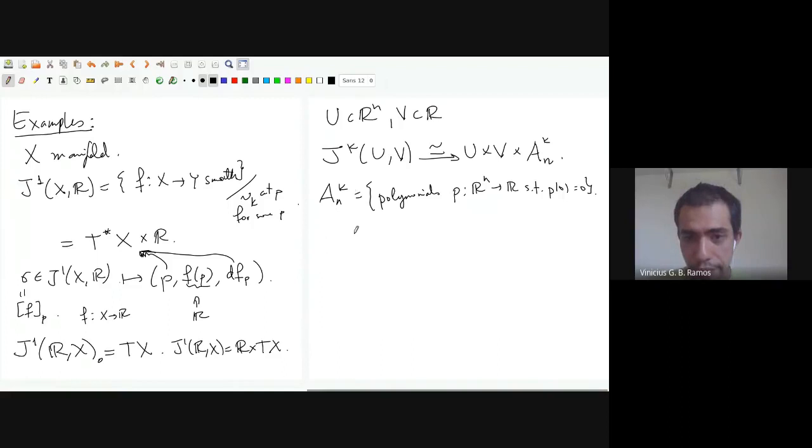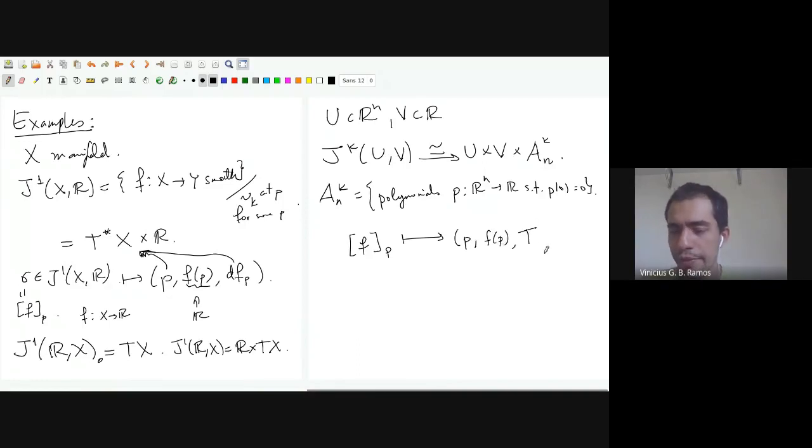What is this bijection? Well, given a jet, so a jet is like a function and a point, basically. Then what I do is I look at the point as the first coordinate, the image of the point as the second coordinate, and then I look at the Taylor polynomial of f at the point P, of order k, minus f of P. Okay, so I don't look at the constant part.